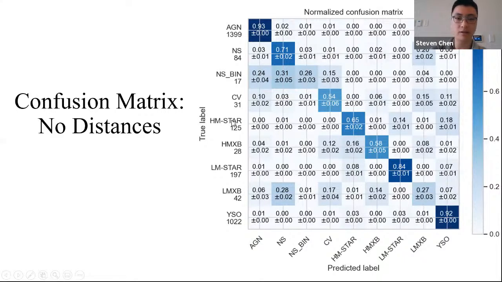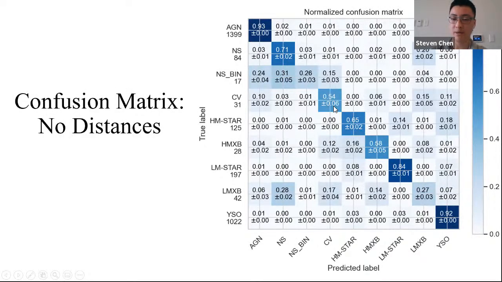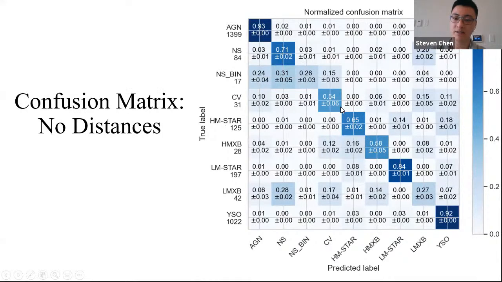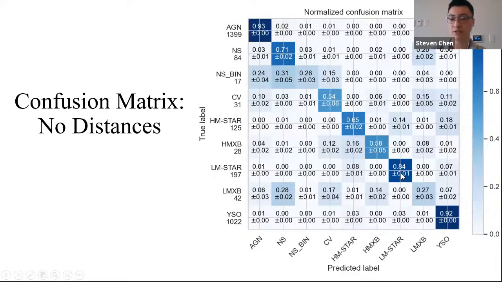And when we run the pipeline with no distance information and with distance information with luminosity, if we blink back and forth here, we see that for some classes, there is indeed an increase in accuracy for our training data set, including CVs, high mass stars, HMXBs, and low mass stars. In particular, low mass stars increased by 4% with only 1% uncertainty.